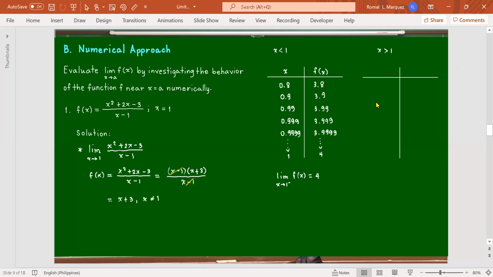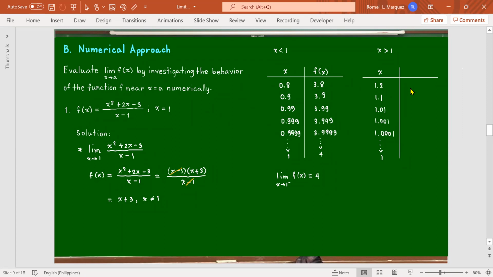Let's start with 1.2, then 1.1, 1.01, 1.001, 1.0001, and then getting closer to 1. So let's see how f will behave, no?